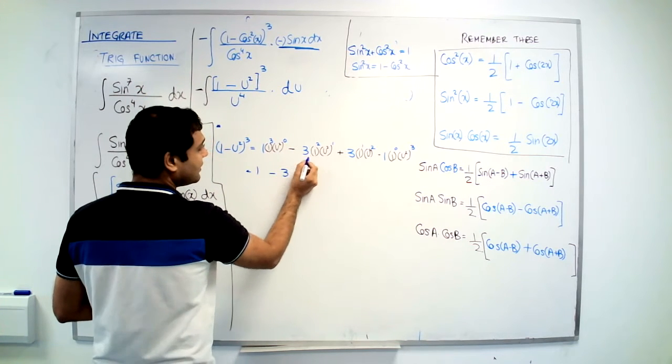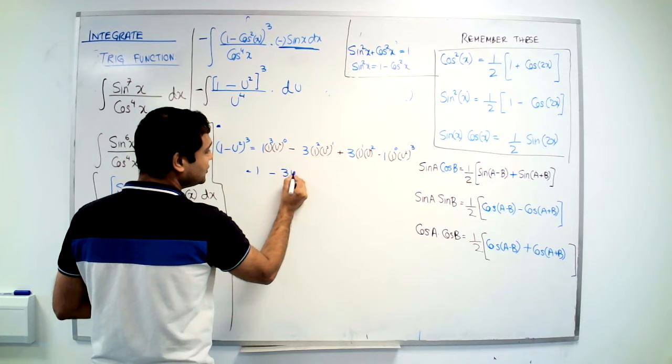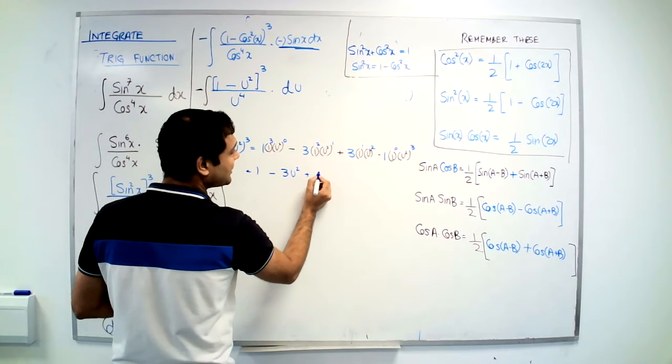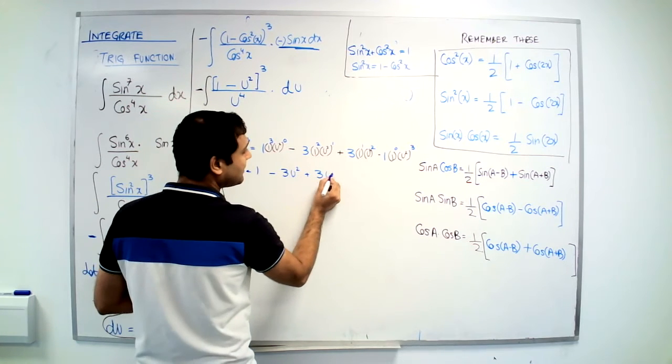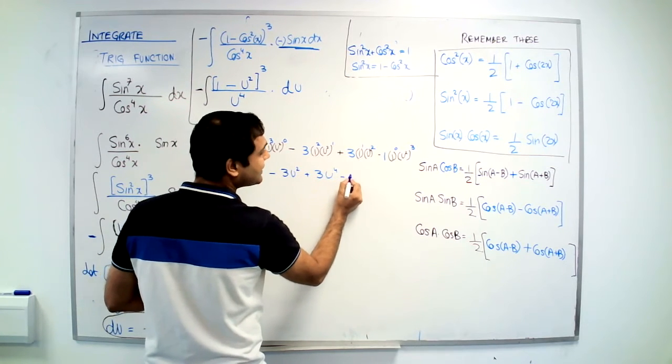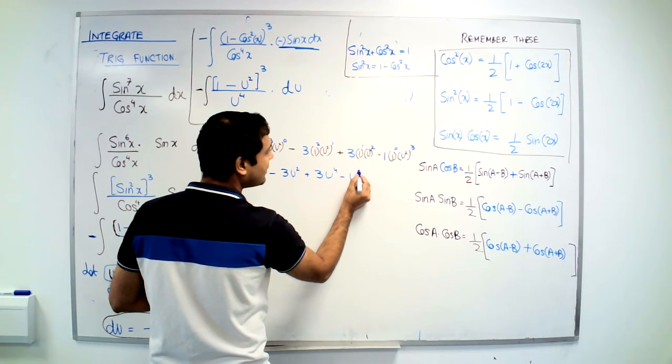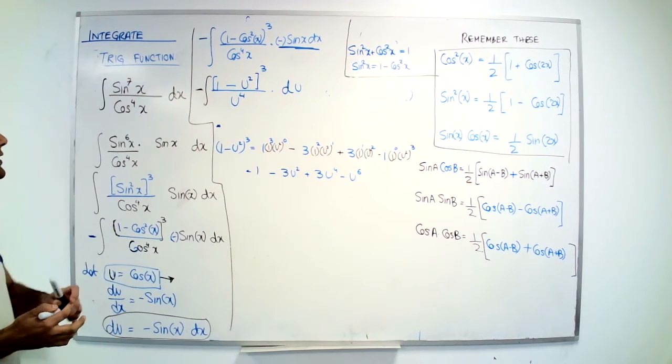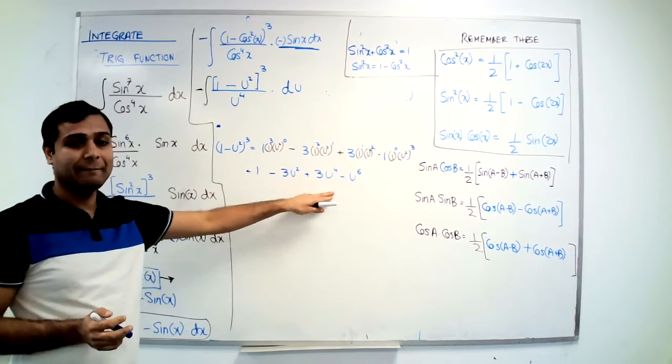That becomes 3 times 1 is 1, and that's u squared. Plus this becomes 3 u to the power 4 minus u to the power of 6. So the top one becomes that.